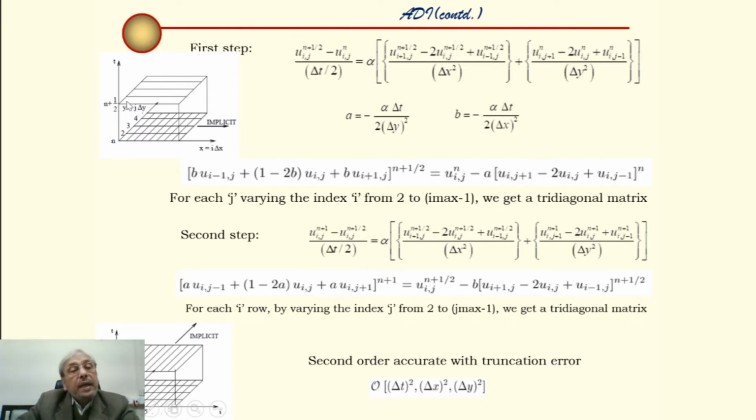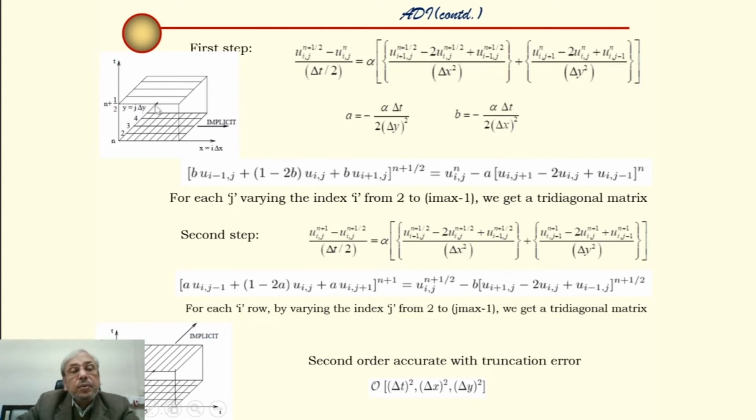Now at n plus half level, we can anchor at each j station. For each j value, we can vary i from 1 to the maximum point, 1 to I max. So here we have written 2 to I max minus 1.